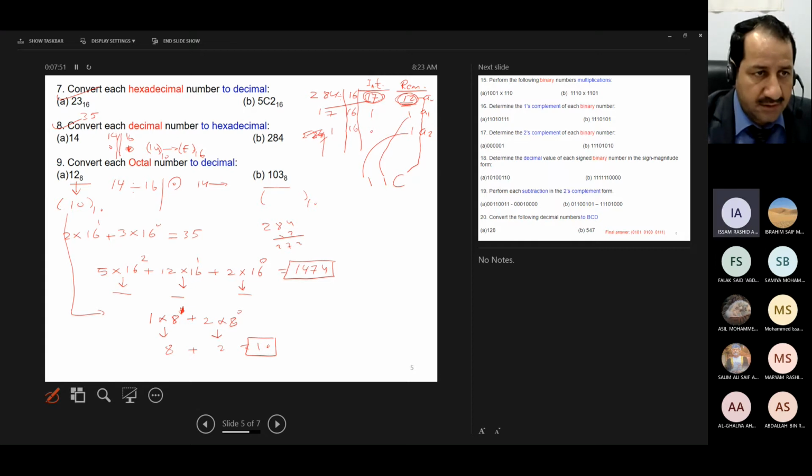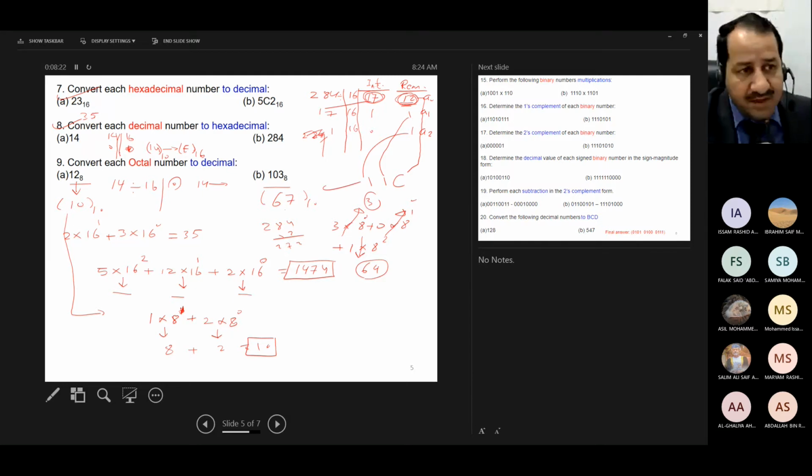Second one will be 67. Let's do it together. We will say 3 times 8 to power 0 plus 0 times 8 to power 1 plus 1 times 8 to power 2. Now this one will give me 3. This one will give me 0. This one will give me 64. 64 plus 3 will give me 67. You are right.